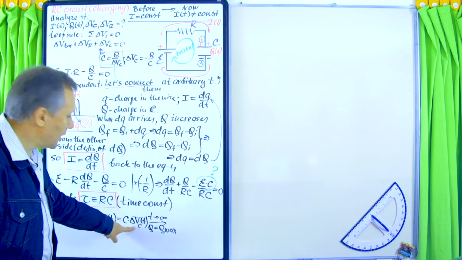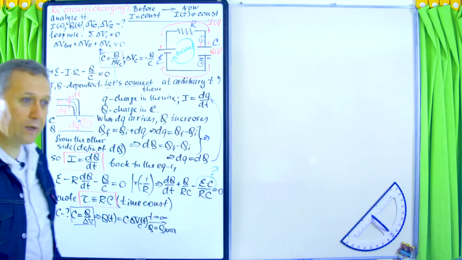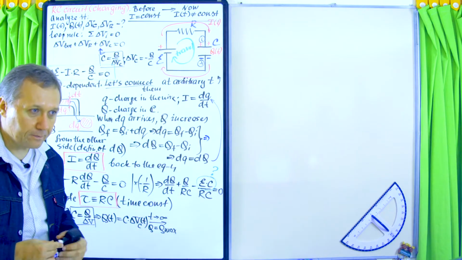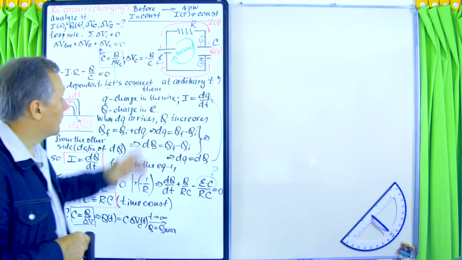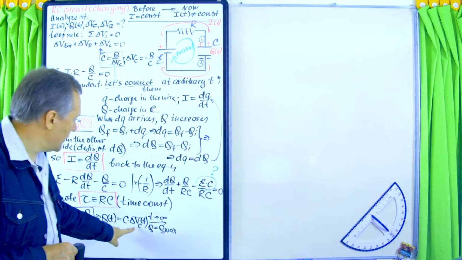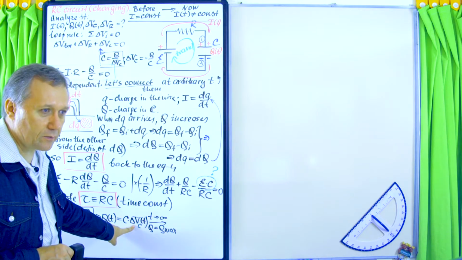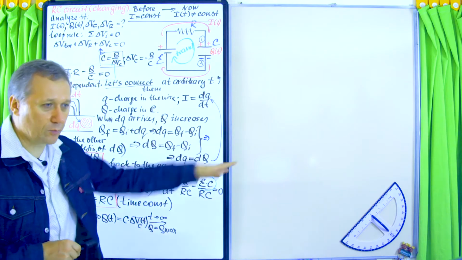Then what can you say about the potential difference across the capacitor if you wait long enough? Some of you should be able to see what the potential difference across the capacitor will be when the capacitor is fully charged. Of course, at that moment, current will stop flowing.